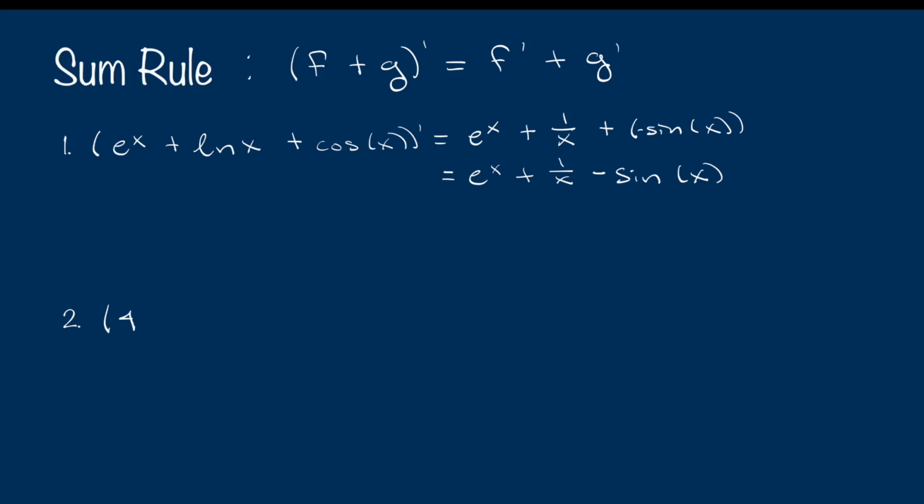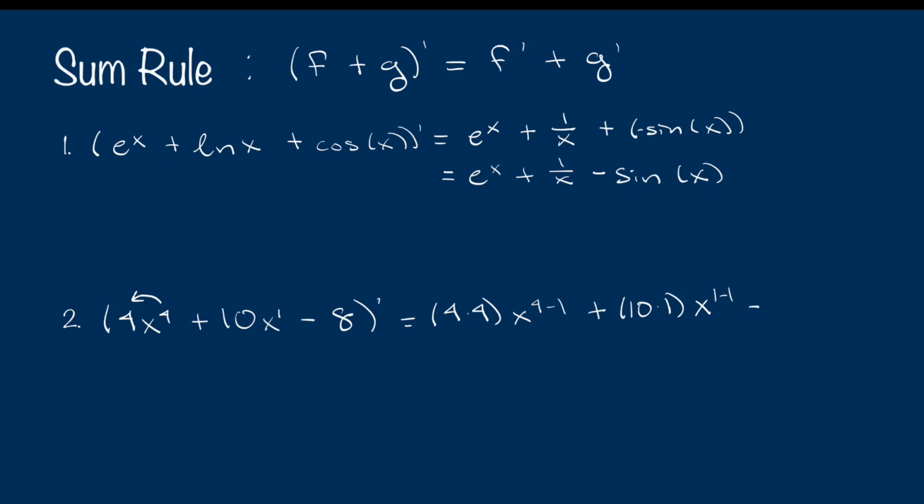And then the next one, we have 4 times x to the 4th plus 10x minus 8. And if we want the derivative of all of that, what we do is, again, we pull the 4 out to the front. So we have 4 times 4, x to the 4 minus 1, plus 10 times 1, x to the 1 minus 1.